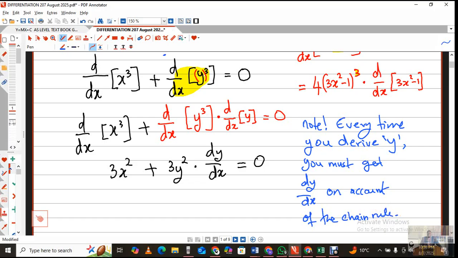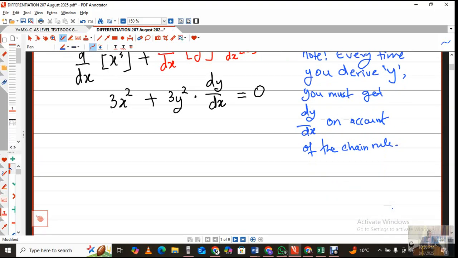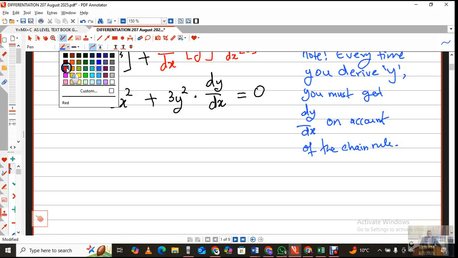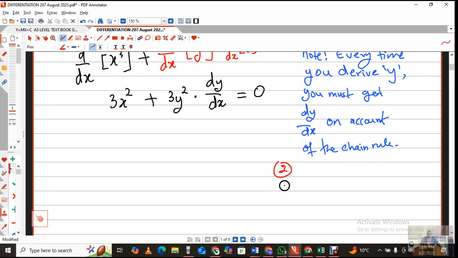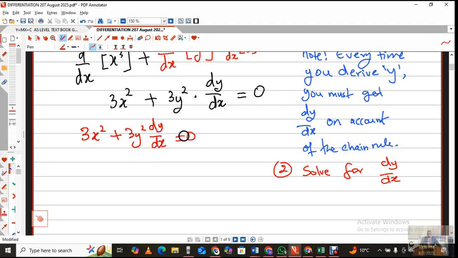So that is what you need to understand, and you will see a different question that I'm going to do. The second step, once you have arrived at this, you now have to solve for dy dx. It's like make dy dx the subject of the formula. And I like to keep my dy dx behind whatever terms are there. So initially this is 3x squared plus 3y squared dy dx is equal to 0.